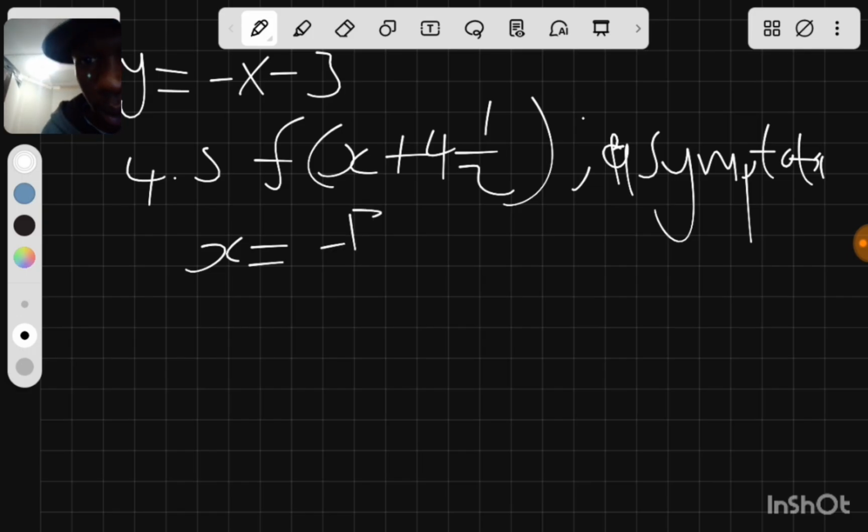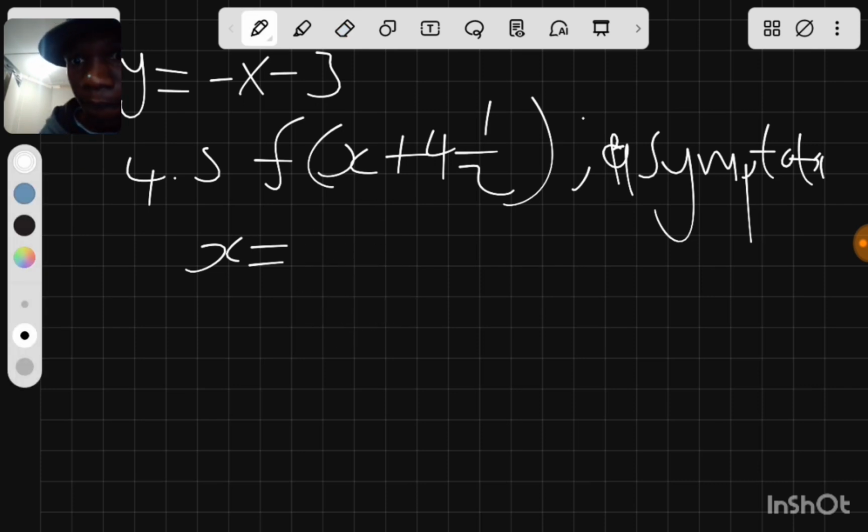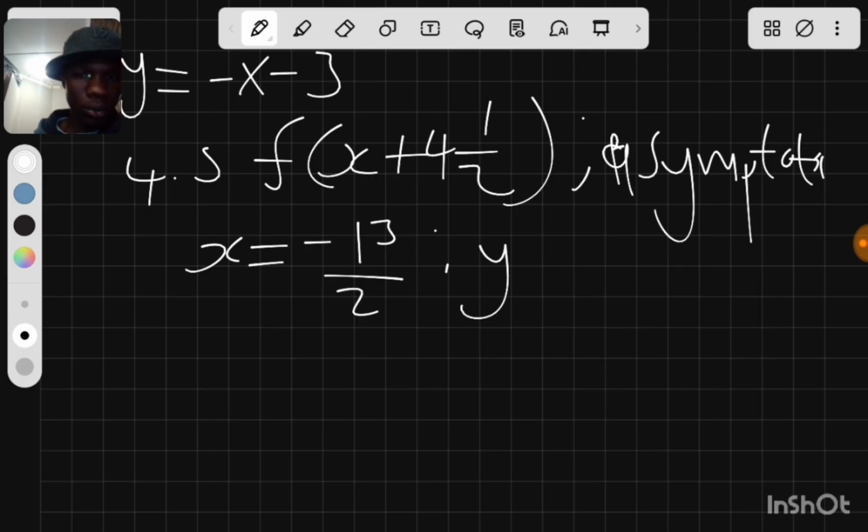It's going to be minus 13 over 2, not, oh, why do I get these wrong answers? Sorry. It's going to be minus, and the calculator, I have a calculator with me where I am, guys, so make sure that you always have your calculator. Then let's check for y.